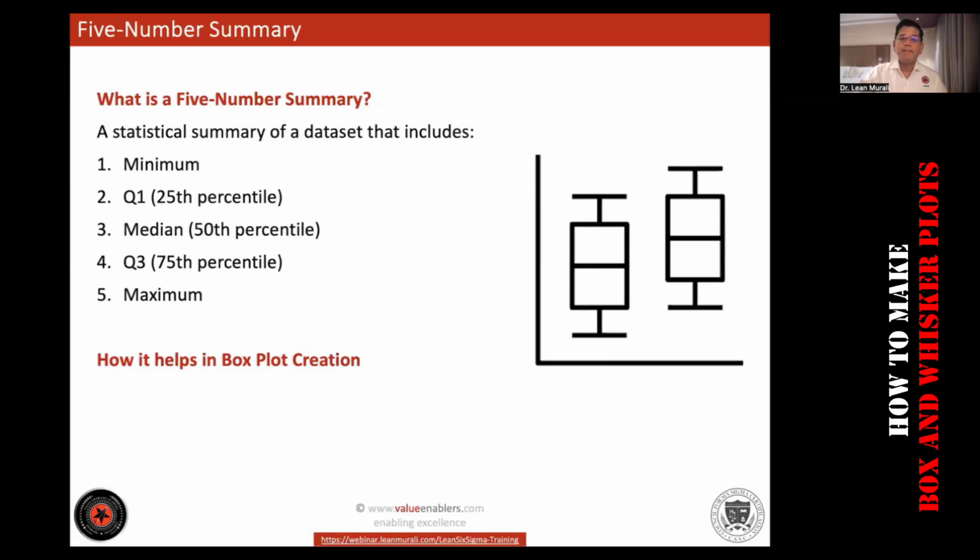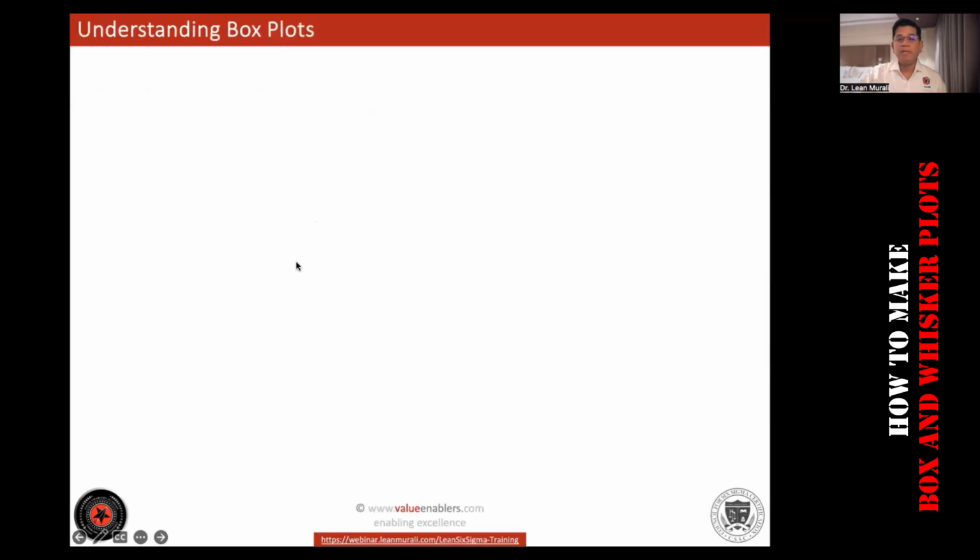When there are 100 data points, Q1 starts from the 25th point, and Q3 ends at the 75th point. It's called the 75th percentile. It's used to determine the structure and appearance of the box plot. This is called a 5-number summary.